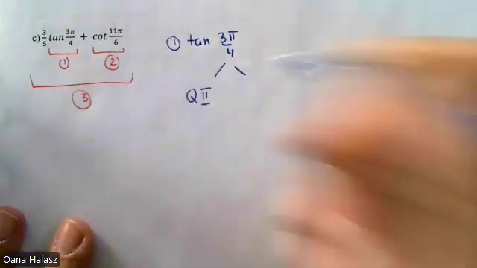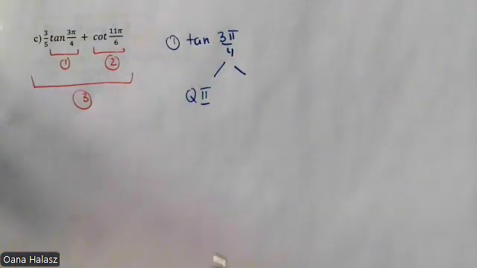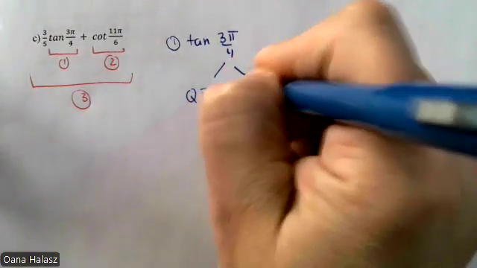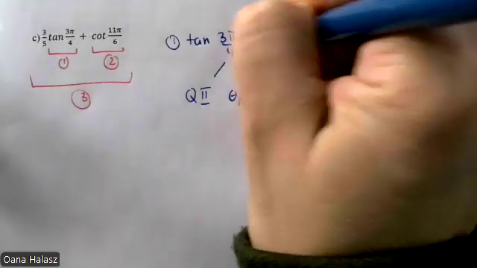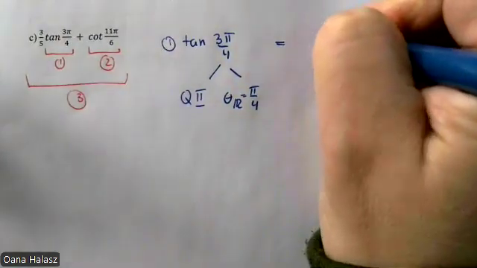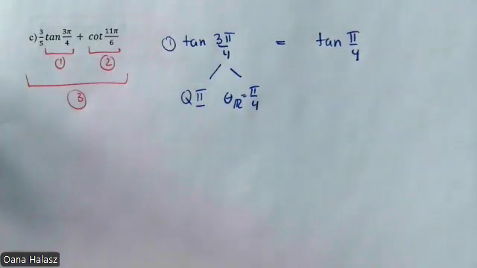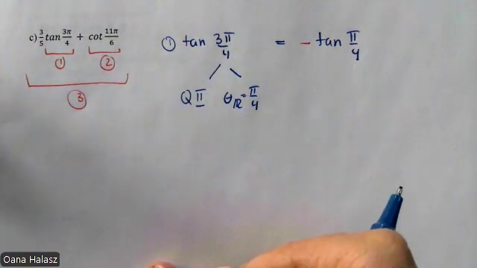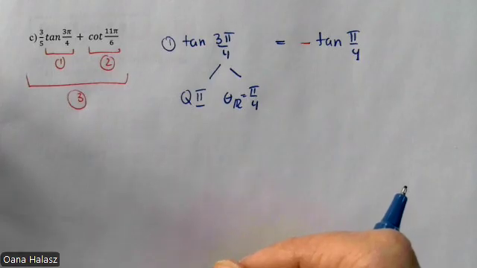Quadrant 2, the angle 3 pi over 4, and theta r is pi over 4. So tangent of 3 pi over 4 is the same thing as tangent of pi over 4, the theta r value, but negative, because in quadrant 2, only sine and its reciprocal will be positive, the other ones will be negative, okay?